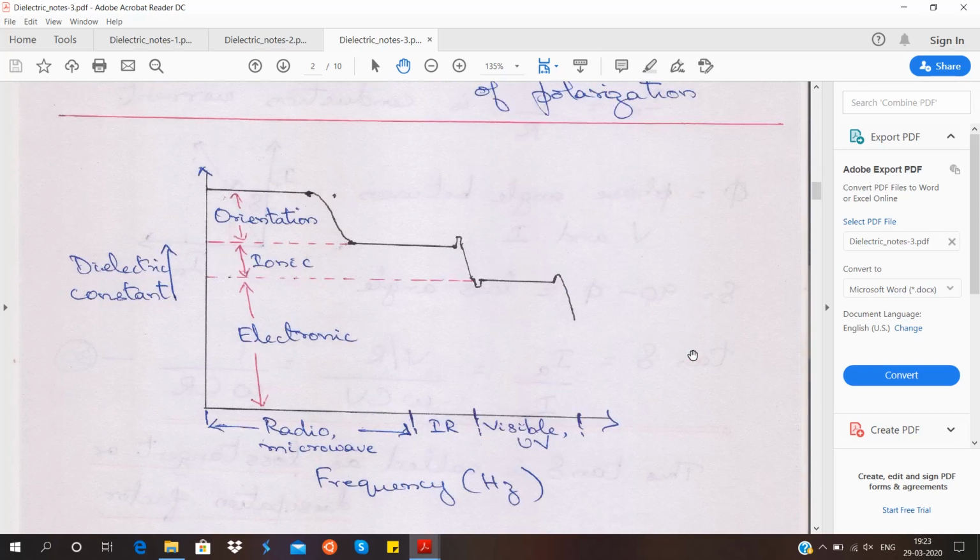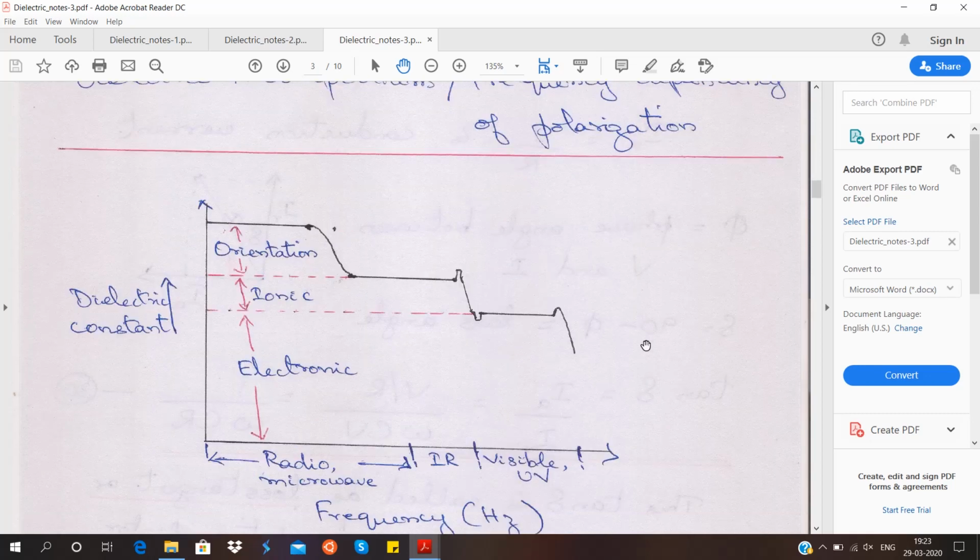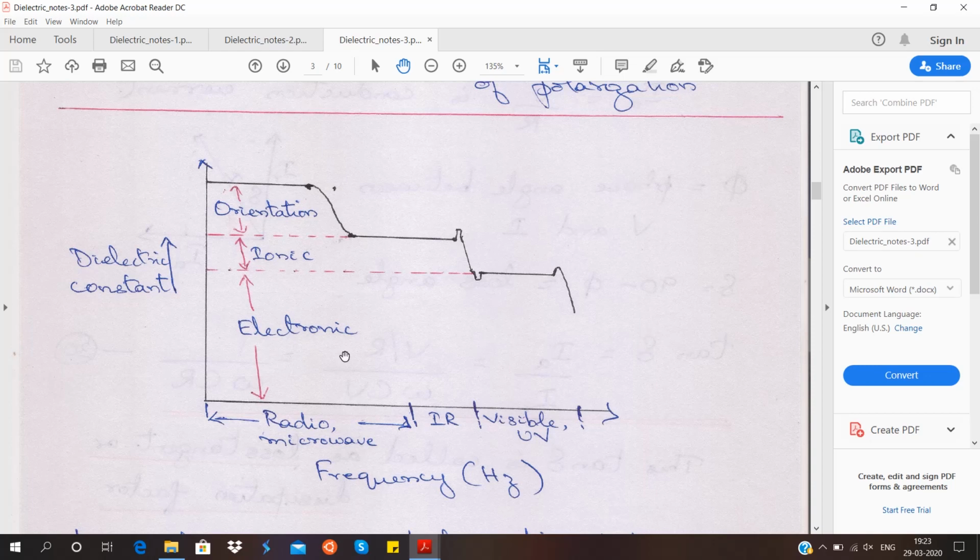Now what we are going to do next is the frequency dependency of polarization. The curve which I am going to plot is also known as the dielectric loss spectrum. As we said earlier, I have considered frequency on the x-axis and dielectric constant on the y-axis.